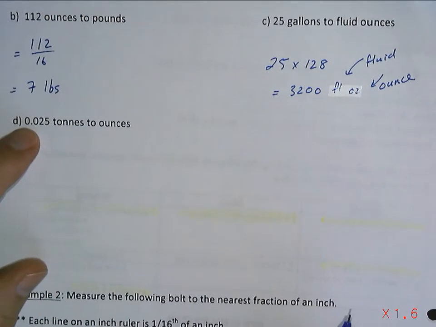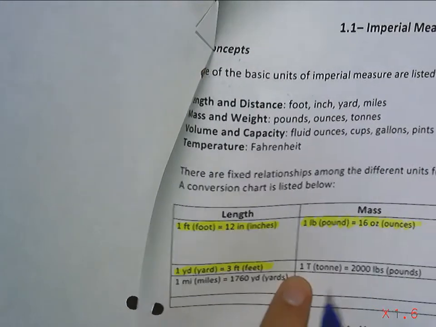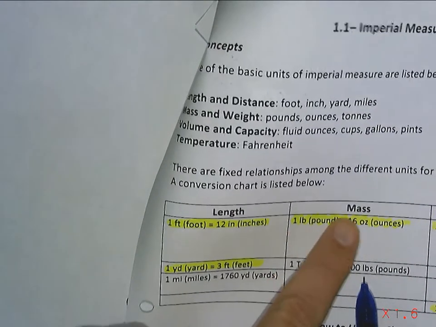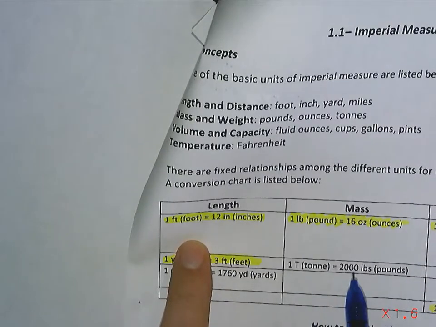0.025 tons to ounces. Okay, well, I'm going to have to do some work here. I'm going to have to go from tons to pounds and then pounds to ounces. It's going to be a double trick.